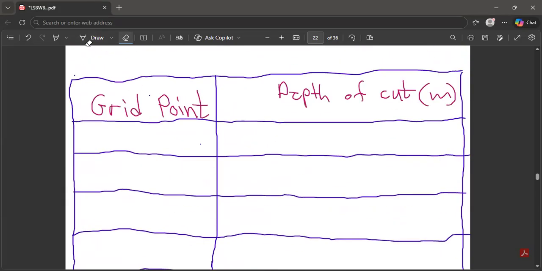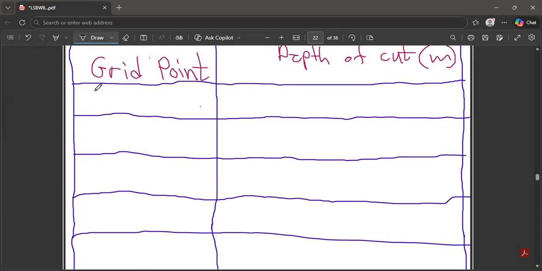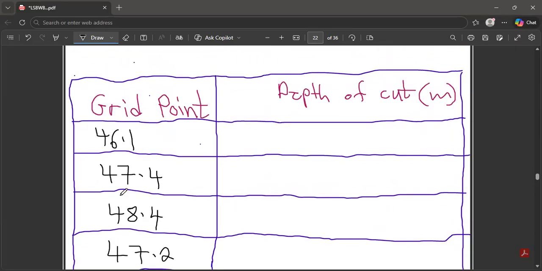So that is it. Let's quickly write the numbers together. The first one was 46.1, 47.4, 48.4.